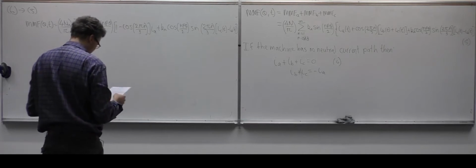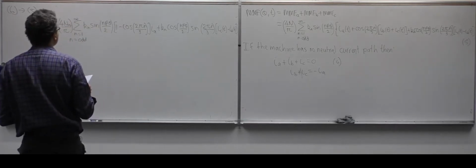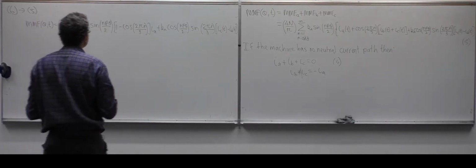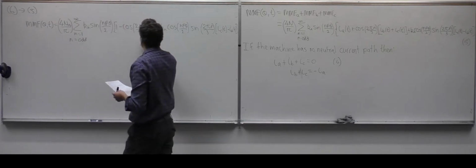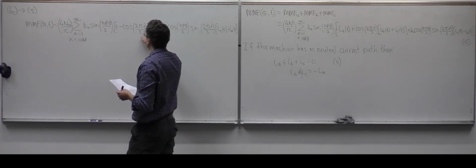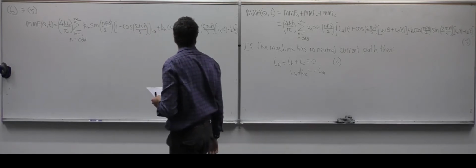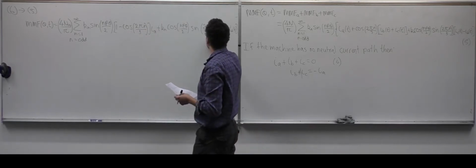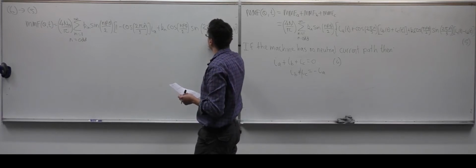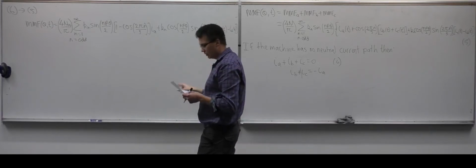Now if you look here, when n is 3, the third harmonic, this term goes away. And here, when n is 3, this term goes away. So there is no third harmonic.